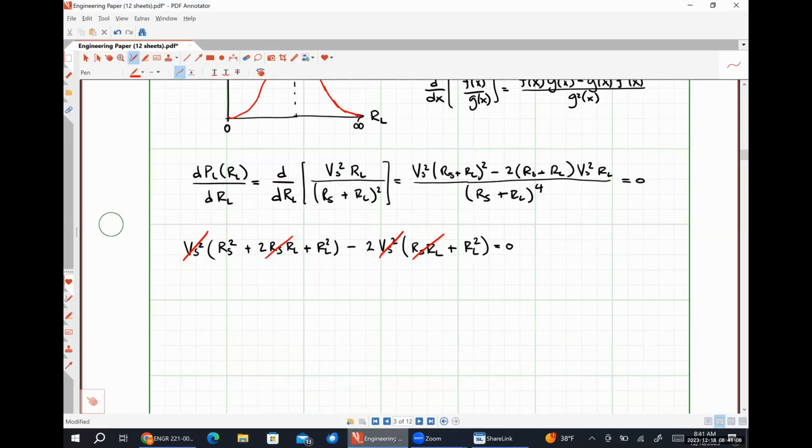So to me, that's going to look like RS squared minus RL squared is equal to 0, which implies that maximum power transfer occurs when RL is equal to RS.